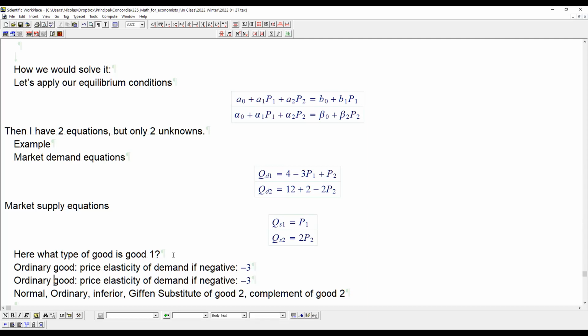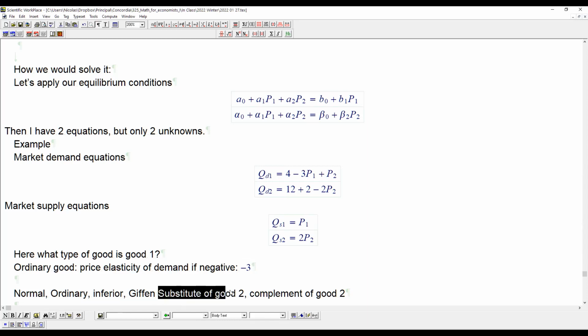All right, so it's an ordinary good. And so normal has to do with income. Inferior has to do with income. Giffen would be if this -3 was positive, but that's not the case.